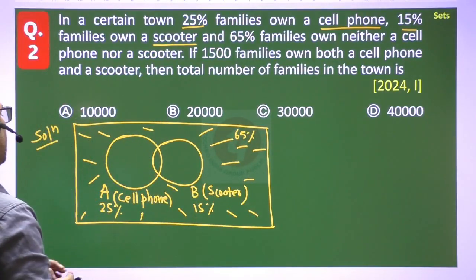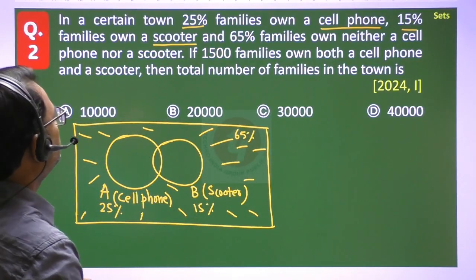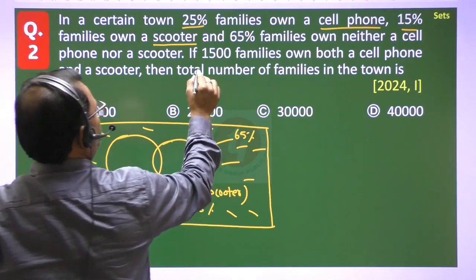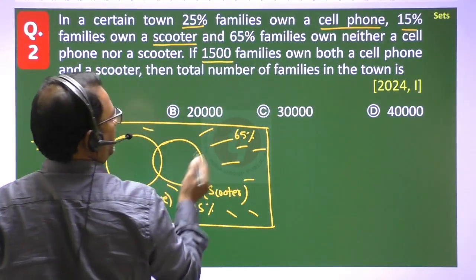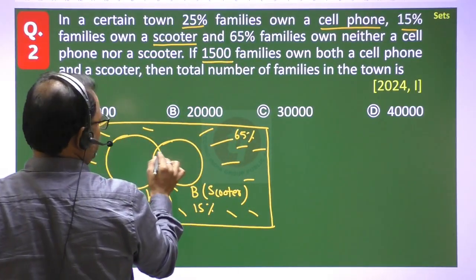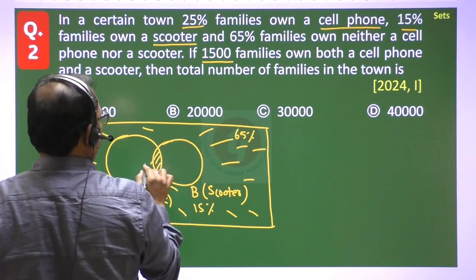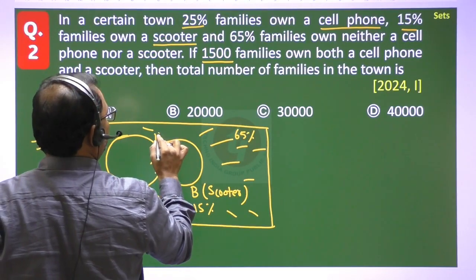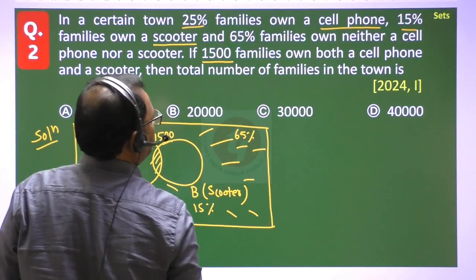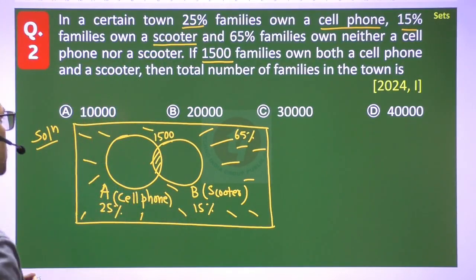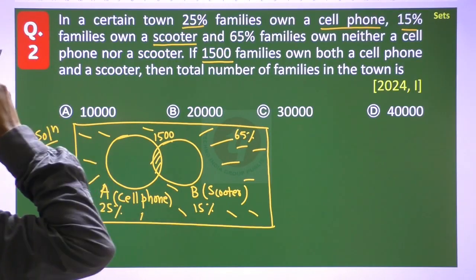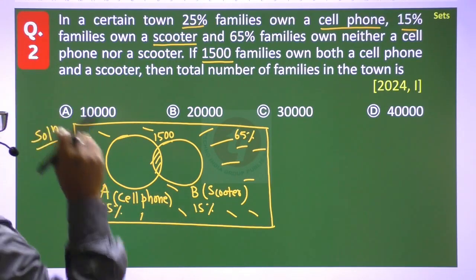Now, 1500 families have both, so this region here, the intersection, has 1500 families having both a cell phone and a scooter. Then we have to find the total number of families. How many families are there in the town?